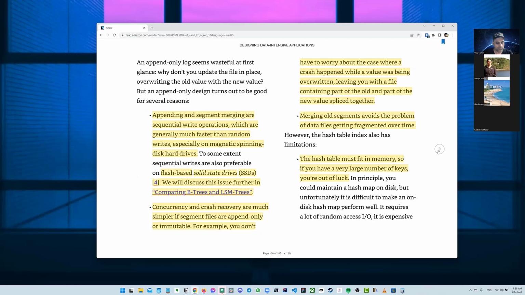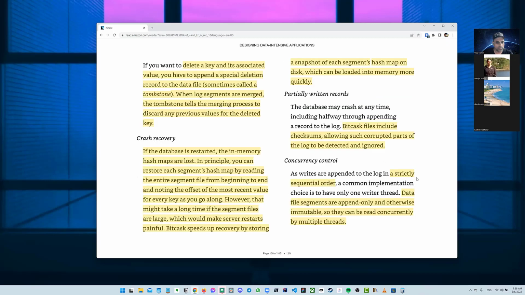In the size tiered compaction, if you have a write pattern with frequent writes, if it's a write heavy workload, then you don't want to wait until the segment becomes too big. You want to merge the smaller sized segments and keep the merge operation small.